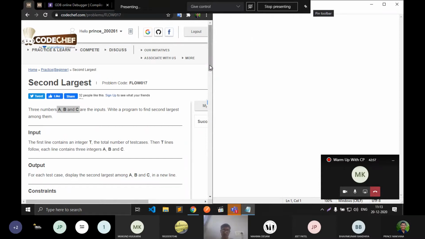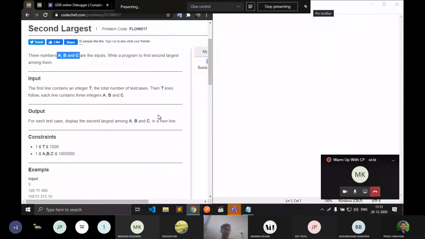So let's continue. First input: the first line contains an integer t. It means we have to input t. We take long so as not to create an error, long input t. Next, t is the total number of test cases, then t lines follow, each line containing integers a, b, c.